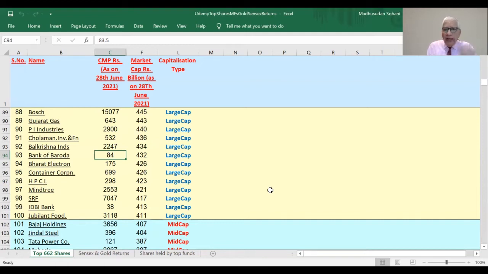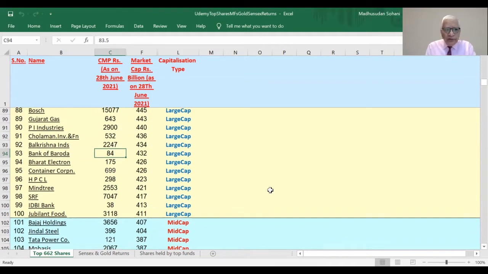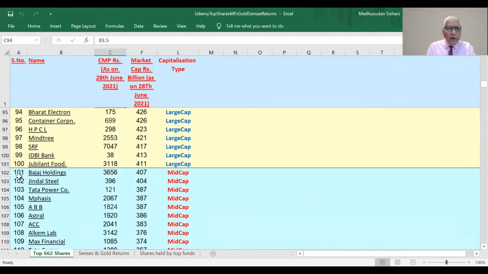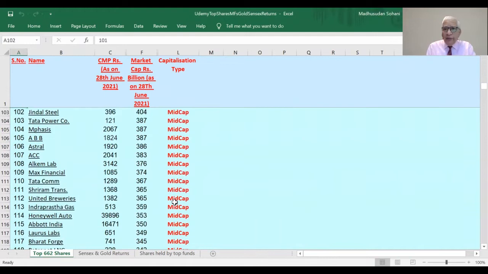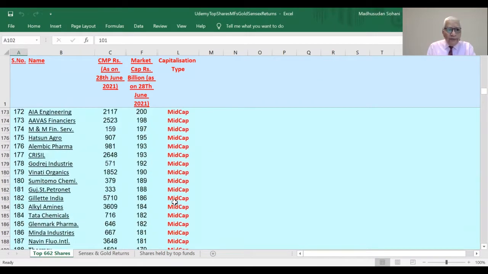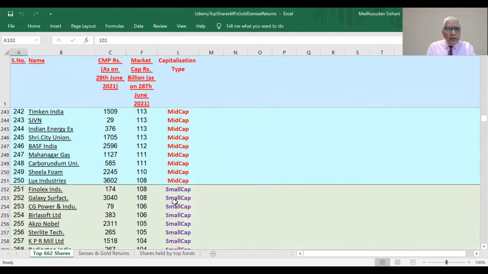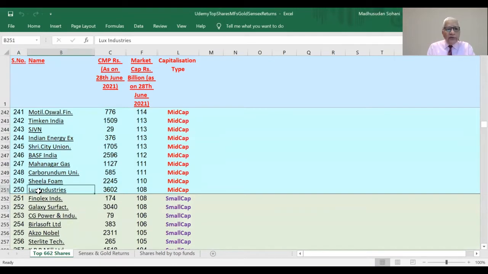Okay. So large cap shares we have defined. First top 100 shares are large cap shares. Next 150 shares, after leaving aside first 100 shares, that is number 101 to 250. Yes, Lux Industries is at 250, serial number 250. These are all mid cap shares.